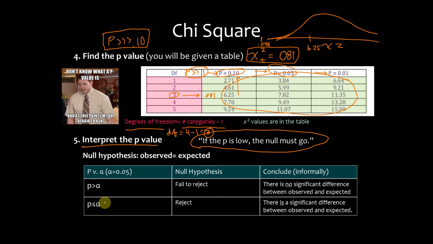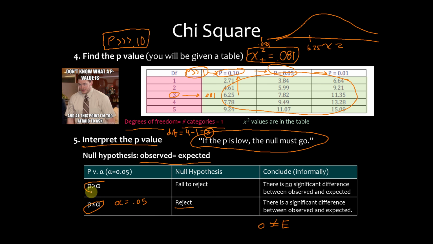Okay, so if p is much smaller than alpha, and we use alpha, which is our confidence level, as 0.05, then we'll reject the null. Remember, the null is that observed equals expected, and we'll conclude that there is a significant difference between observed and expected. That's that observed does not equal expected at a statistically significant level.